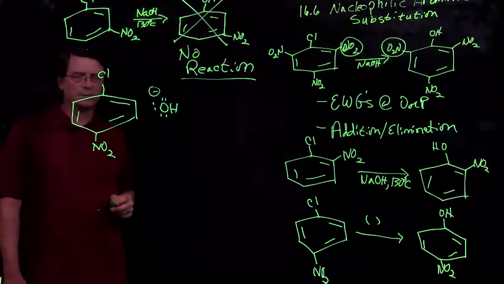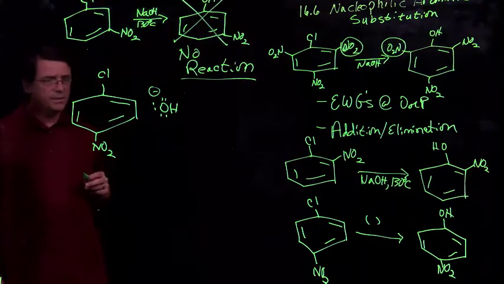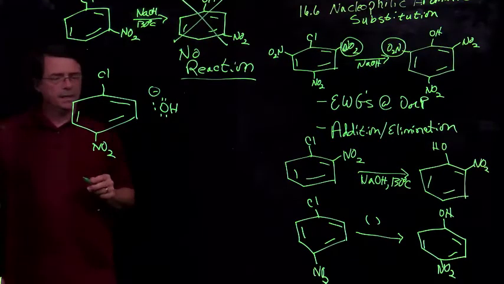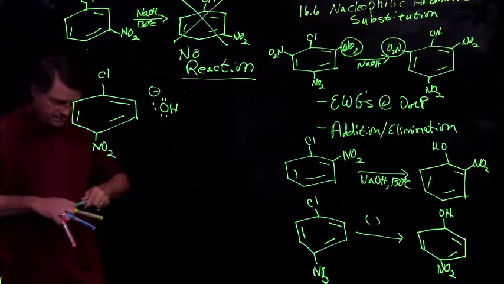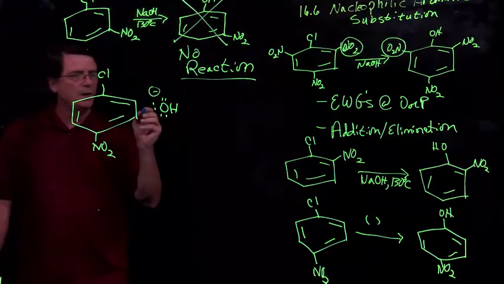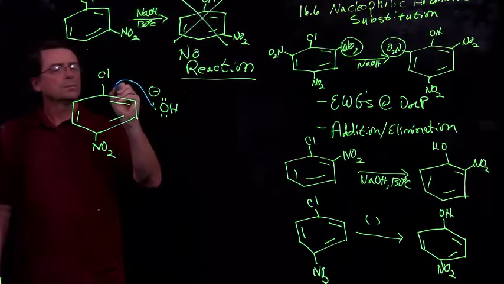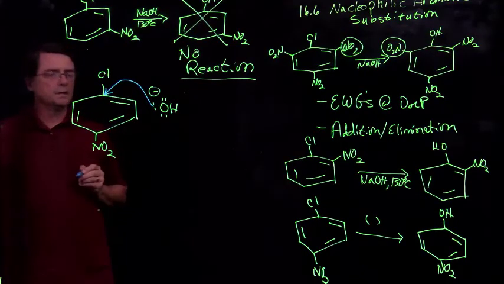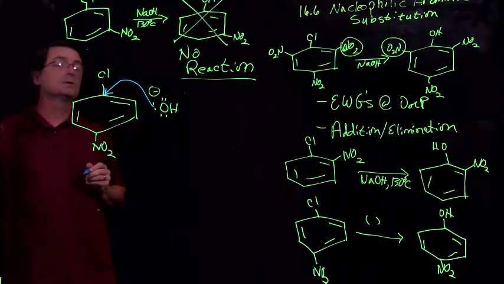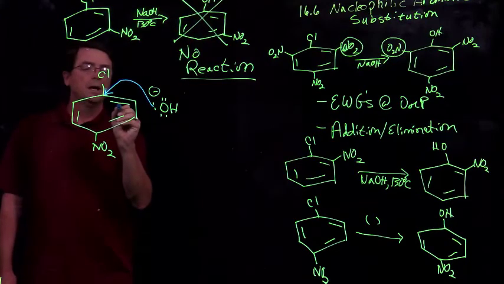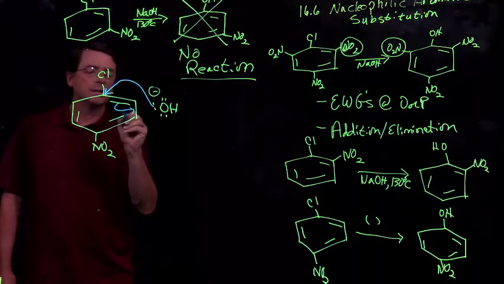Nucleophiles have lots of electrons. This is an electron deficient system, and I'm going to push a couple of arrows here to make it obvious from the beginning why this one works the way it does. So the nucleophile attacks the carbon ipso to chlorine. Remember ipso. And then I'm going to push a few arrows here.